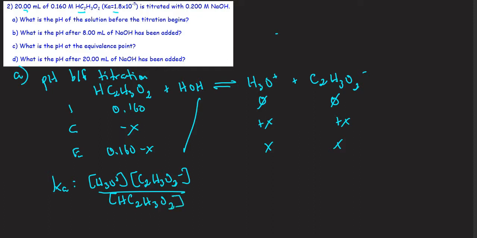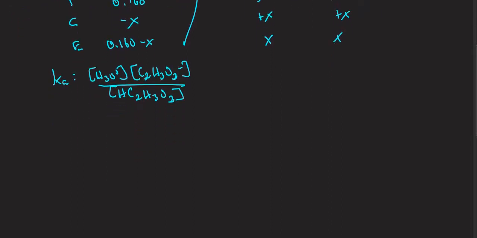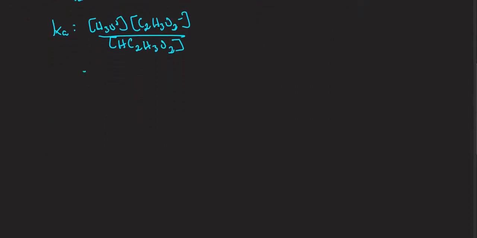Now I'm going to scroll down here. We know that we have 1.8 as our Ka value, 1.8 times 10 to the negative 5. We can plug in expressions for hydronium and acetate at equilibrium, all over 0.160 minus X.